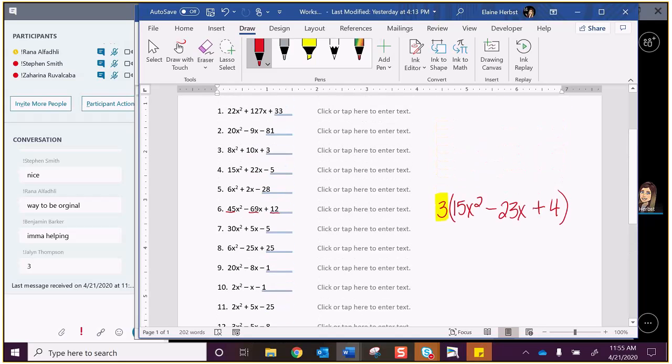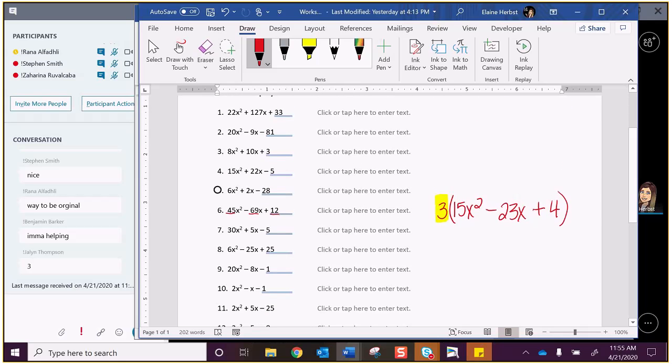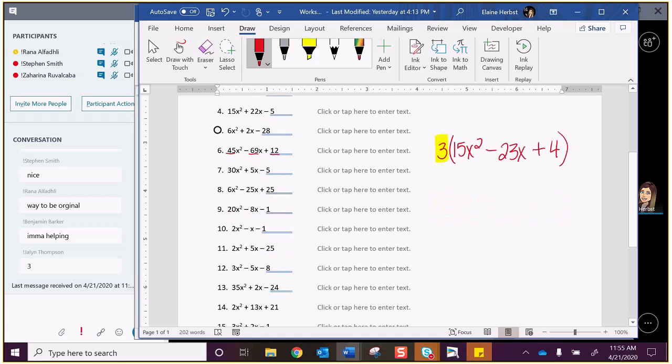So don't worry about maybe number 5, you could have factored out a 2 first. But because we haven't actually learned this yet, I don't take off points if you use the big numbers here. Some of you maybe did use the big numbers and you figured out what it was. But by factoring out that 3 first, you create smaller numbers and it helps you solve it more quickly.